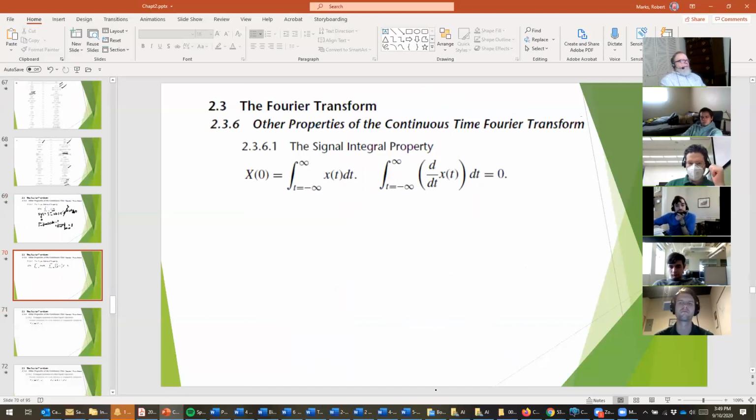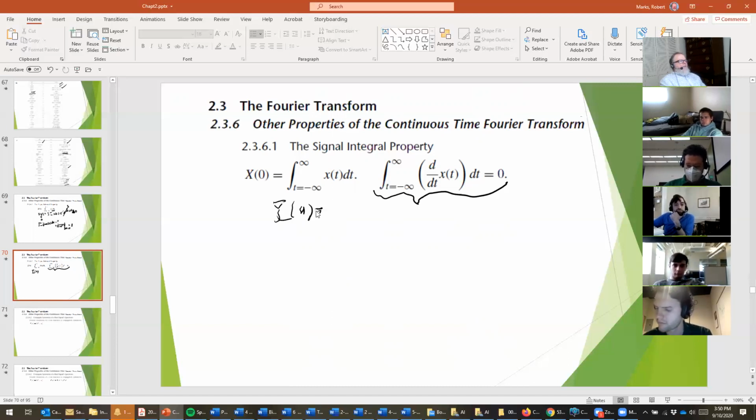This is very interesting because it means that if you have any finite energy signal, the integral of a derivative of a function is always equal to 0. Why is that? Because if we set y of u equal to j2 pi u x of u, if you remember from the derivative theorem, this means that y of t is equal to d dt of x of t, right?